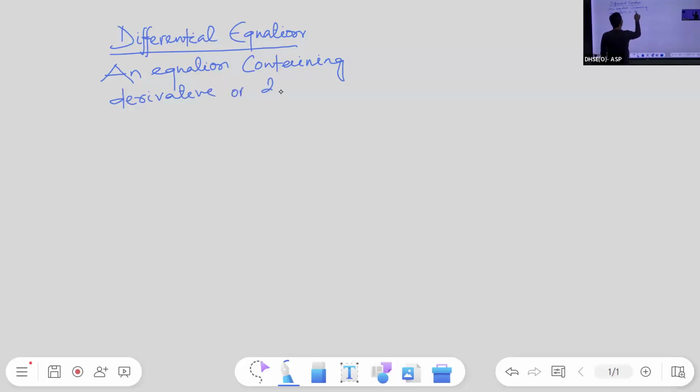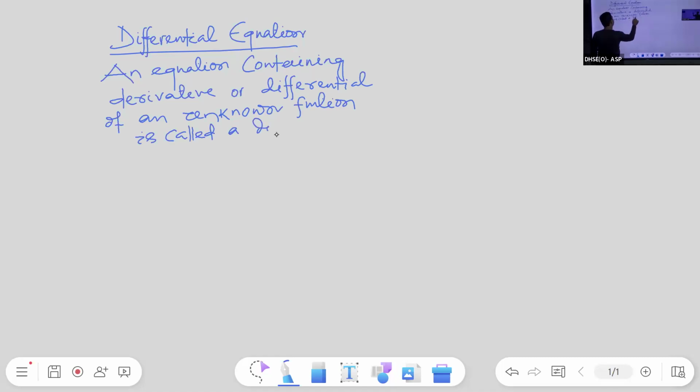So write down, what is a differential equation?